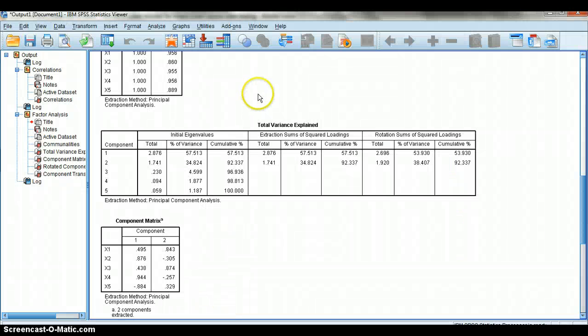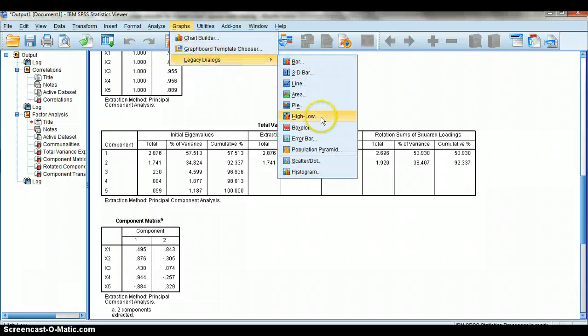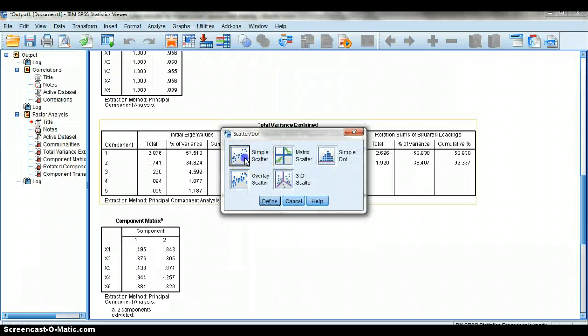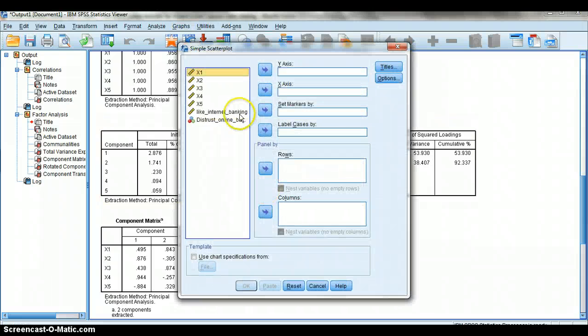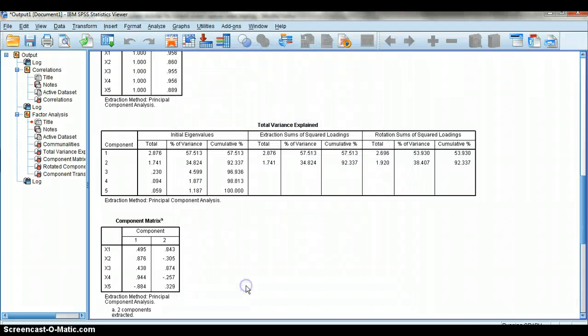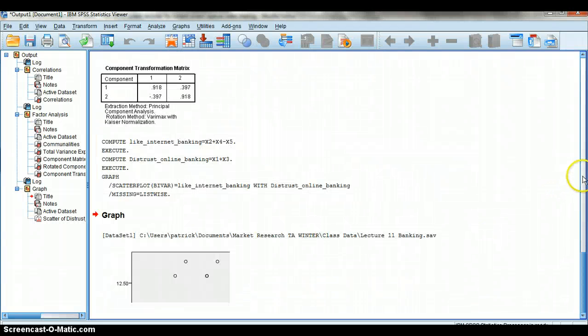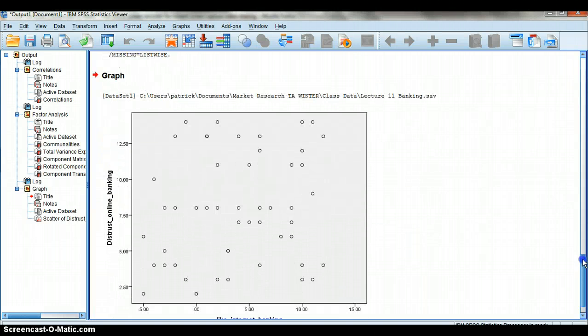And now I'm going to make my graph. So go to Graphs, Legacy Dialogs, Scatter/Dot. I'm going to put internet banking in the x-axis and distrust online banking in the y-axis and click OK. And we get this graph.